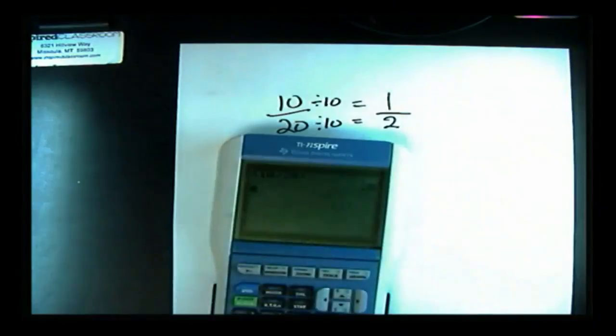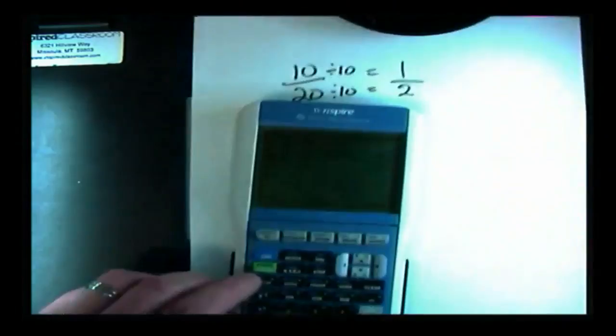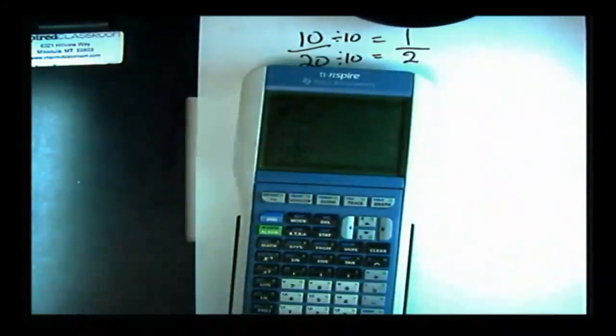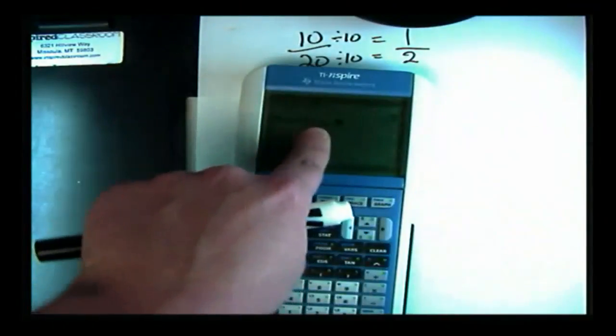in decimal form. But say my ACT multiple choice answers are all in fractions, reduced fractions, and I need to find that out, I can hit, once again, math right here under the green button. And it brings up this menu of lots of different options, and I want option number 1, convert to fraction. So it's got my answer of 0.5, converting it to a fraction.